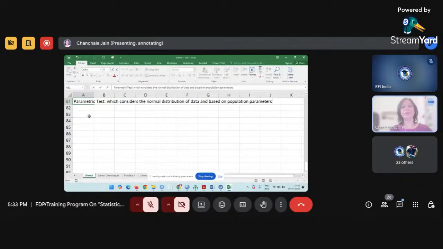So if I want to say parametric tests, I can say parametric tests are always considering the normal distribution of the data.